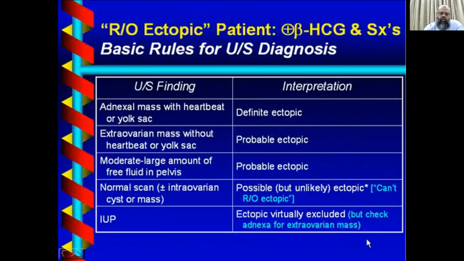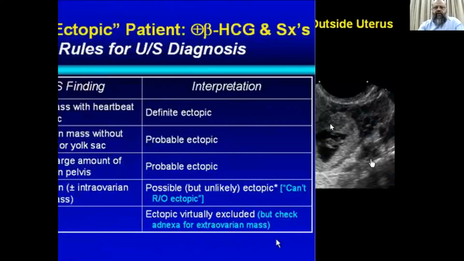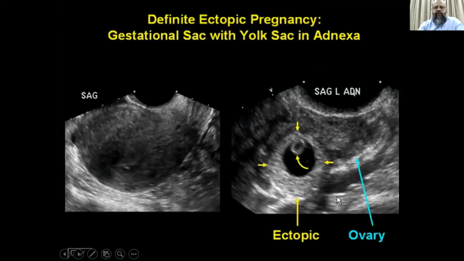Excluded. There is an ectopic pregnancy with cardiac activity lying in the adnexa outside the uterus. This is another one in which you can see the gestational sac with yolk sac, and it is in the adnexa.